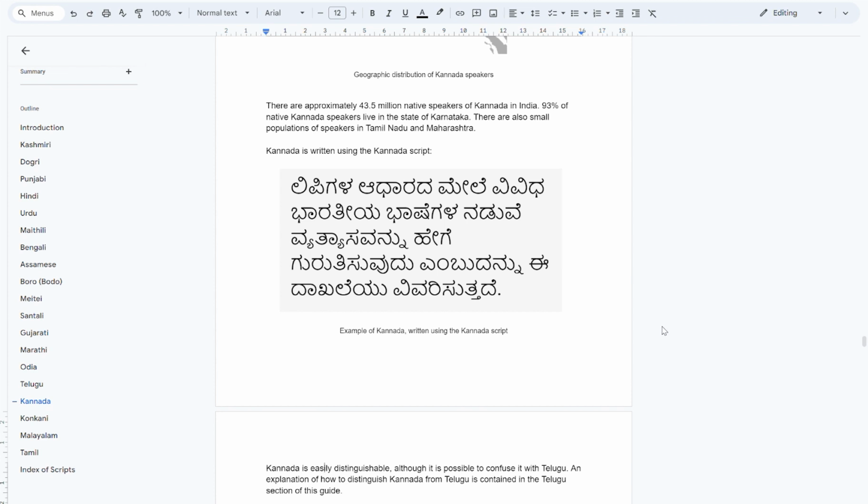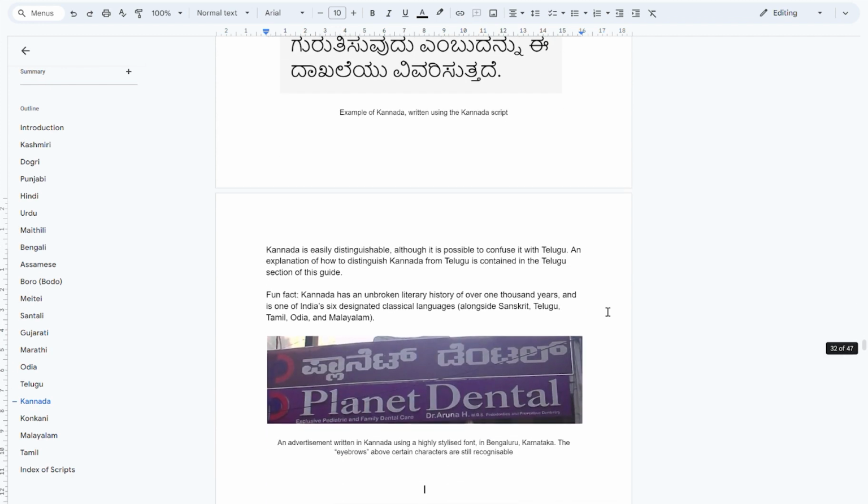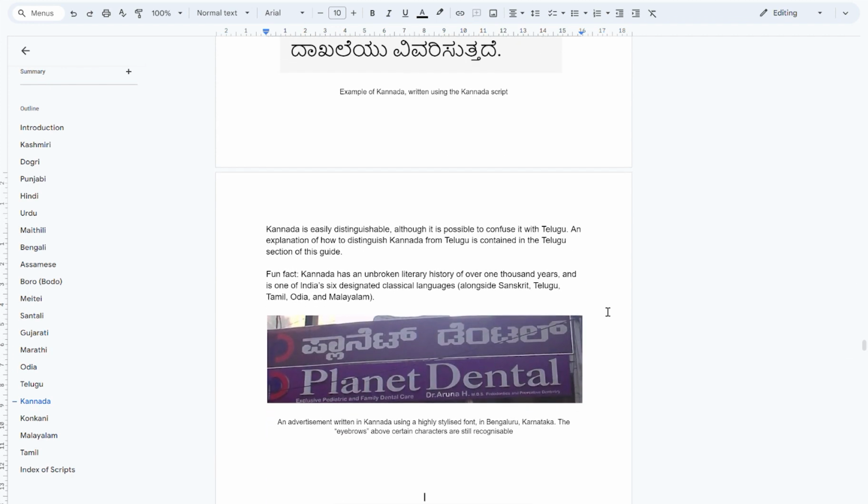Looks very similar to Telugu, but with the eyebrows instead of the tick marks. Cool fact, Kannada has an unbroken literary history of over 1,000 years, and it's one of India's 6 designated classical languages, alongside Sanskrit, Telugu, Tamil, Odia, and Malayalam.